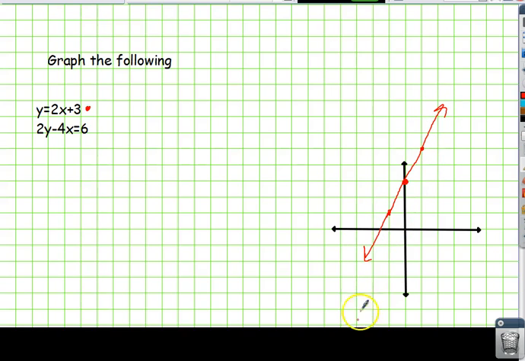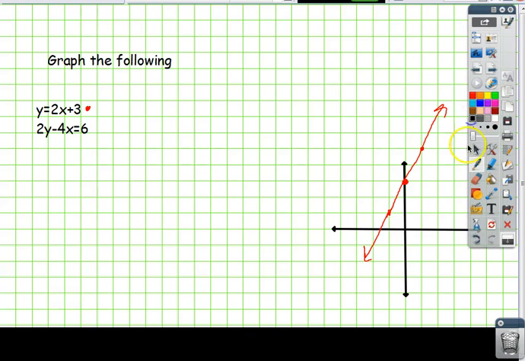Now, that's not bad, because that's in y equals mx plus b. This other line, you have choices. You can graph it in standard form if you like, by simply covering up the y to find the x-intercept, and covering up the x to find the y-intercept. Some people are more comfortable with turning it into y equals mx plus b. So we'll do that here just to show you what it looks like.